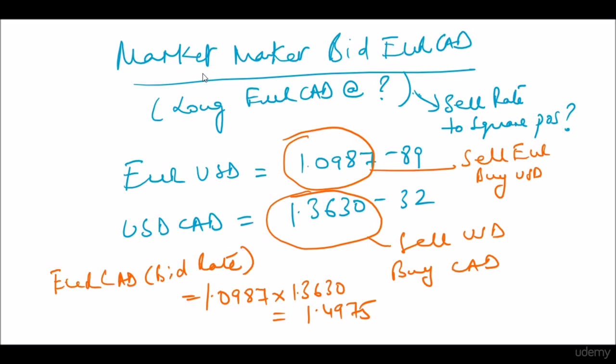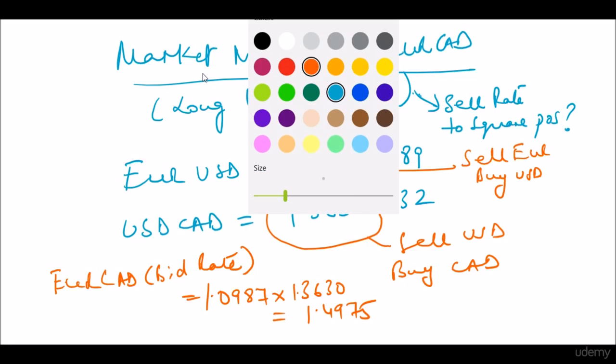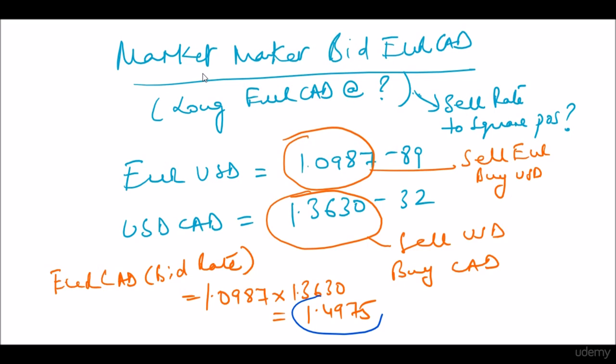However, if we were to square our position, we would only get 1.4975, which would be a 2 pip loss, and therefore we could only buy at 1.4975 or lower. Now similarly, we can price the ask rate. If you can pause the video and derive the ask rate for the Euro Canadian in a similar fashion, then you would get an idea of how to price the cross rates.